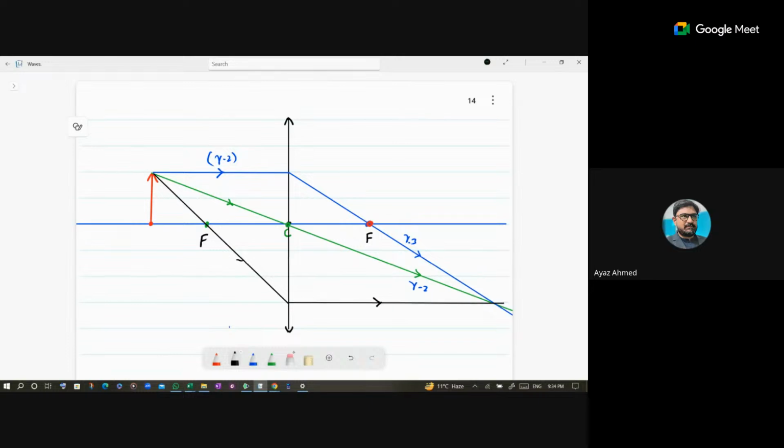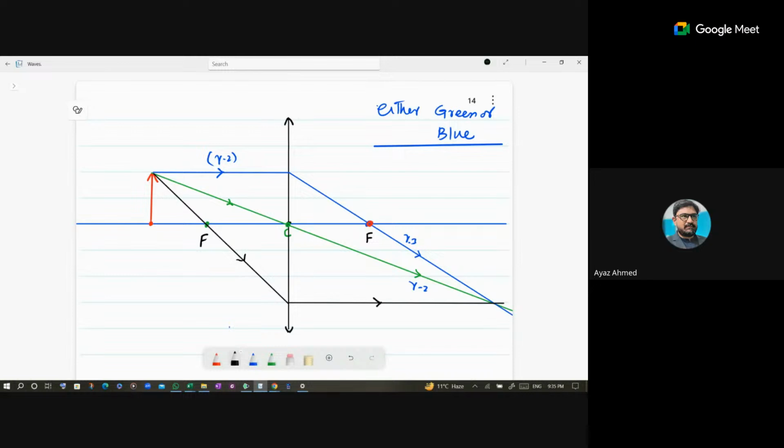So how many rays can you use? Either green or blue, or green or black. Why not blue and black?